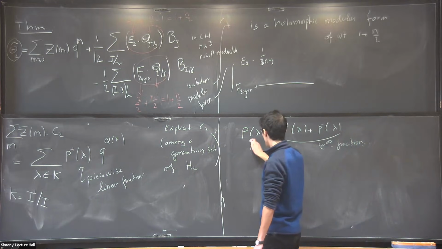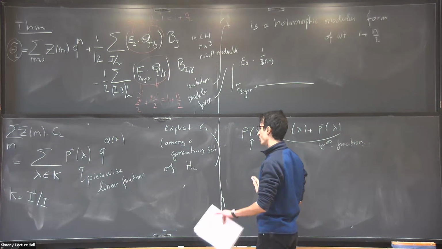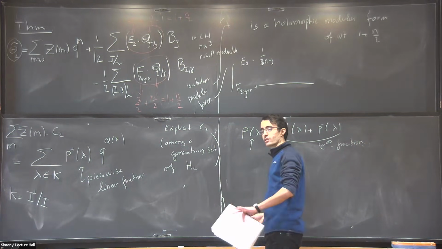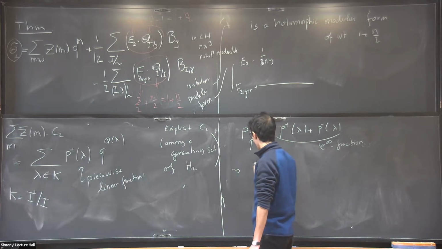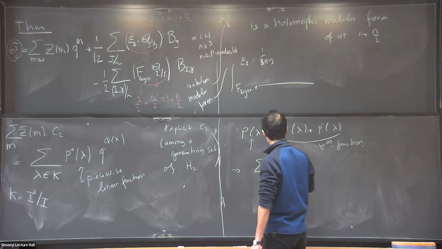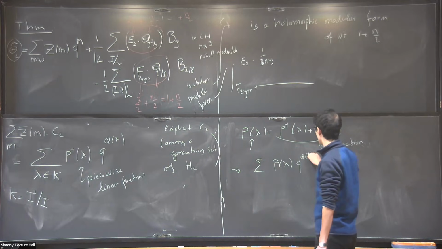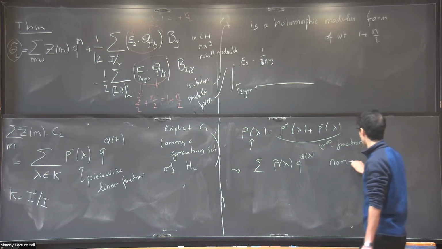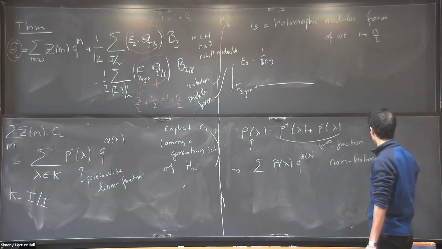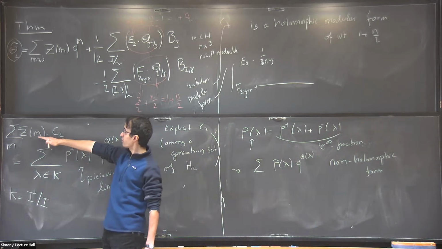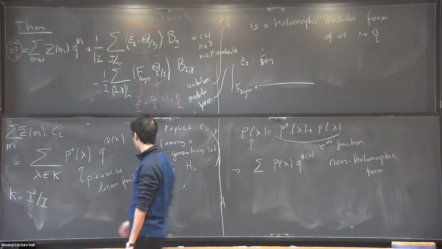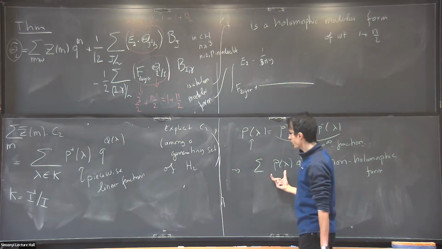And this P lambda satisfies a specific set of differential equations that are determined by the Borel representation. The punchline is that the generating series of the P lambda itself will be some non-holomorphic modular form. And so this correction has to be chosen carefully. And so this holomorphic part, or this generating series, is just the holomorphic part of this non-holomorphic function.